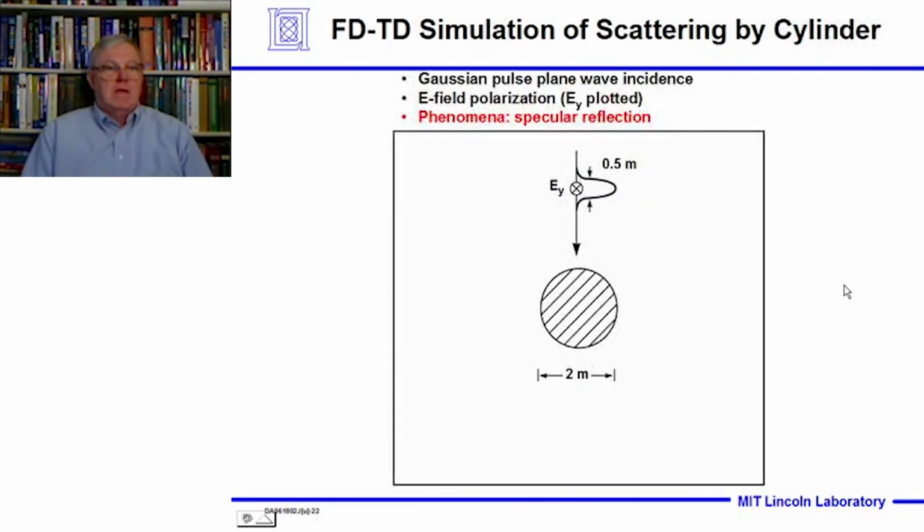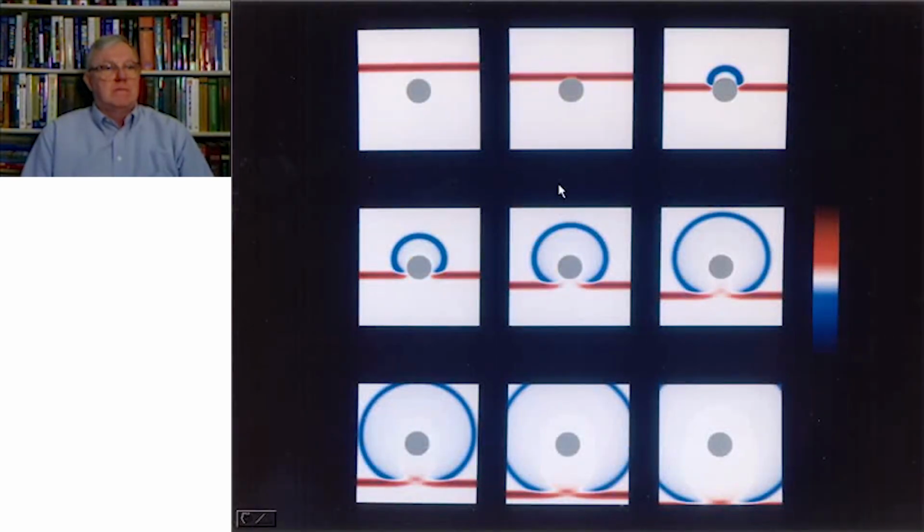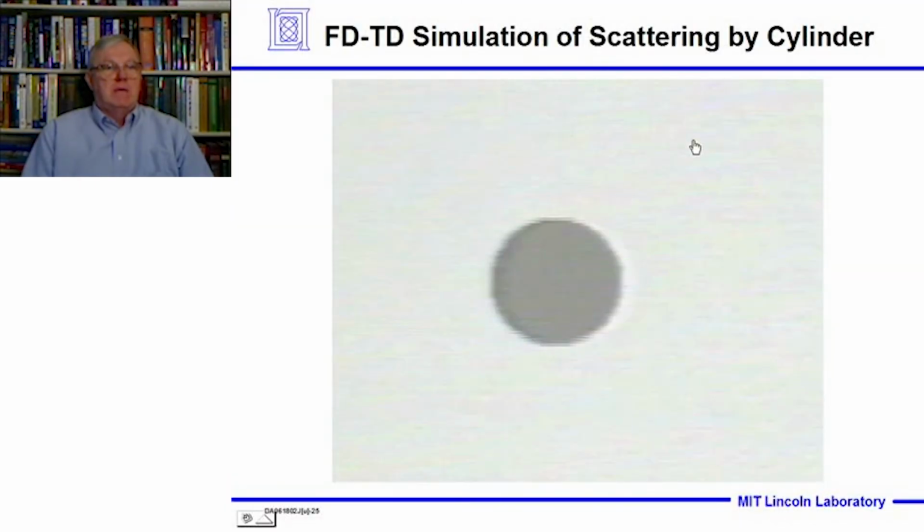plate. Okay? Now let's look at specular reflection when we send an electric field that's along the line of an infinite, long, tall cylinder. And here's what we see. We see again a specular reflection going back to where the radar beam came from.